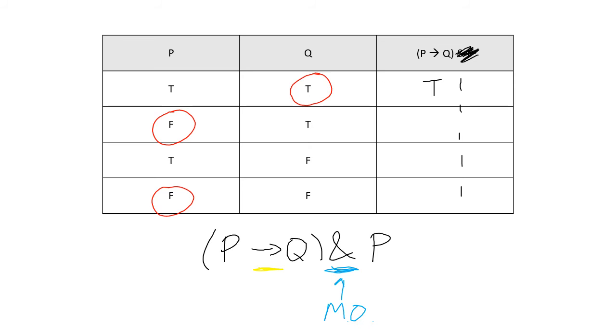In the second row, the left side's false, so it's got to be true. Fourth row, left side's false, so it's got to be true. And also here, forgot to highlight that, in the second row, the consequent's also true. So in these 3 rows, it's true. In this third row, it is false because you have a true antecedent and a false consequent.